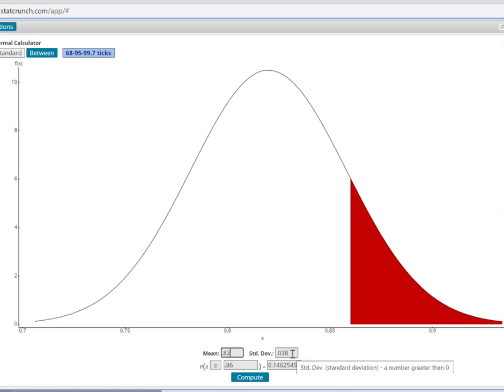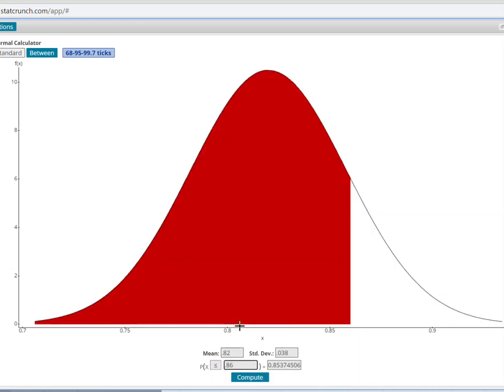Our standard deviation, let's see. Hold on just a second. Let me make sure I have this right. So the standard deviation doesn't change. We want to know when p hat is less than or equal to 0.75.